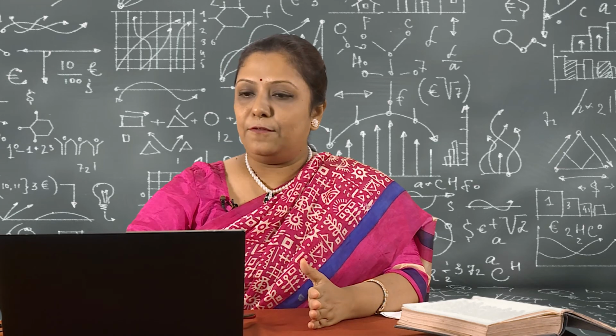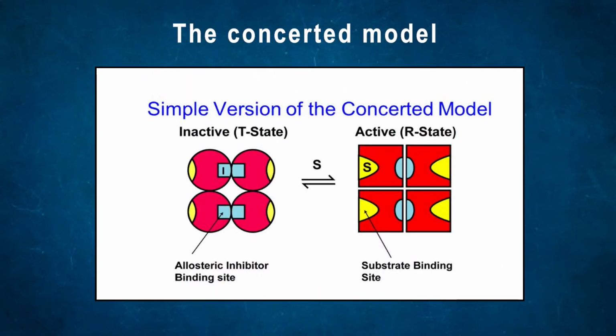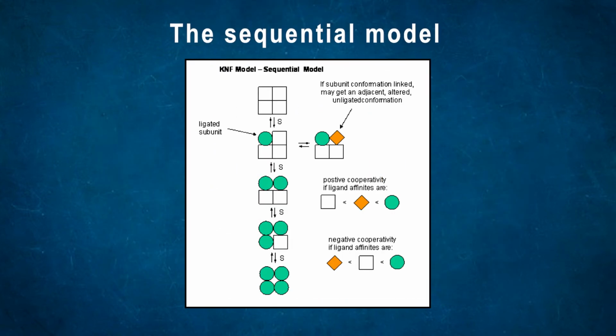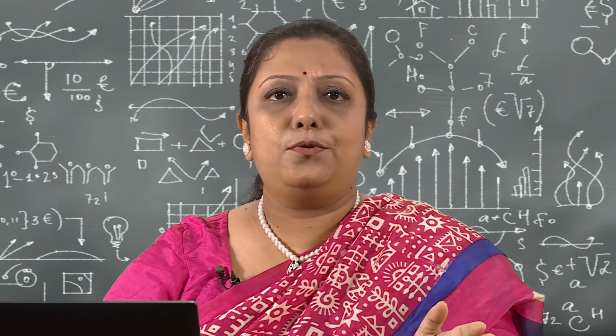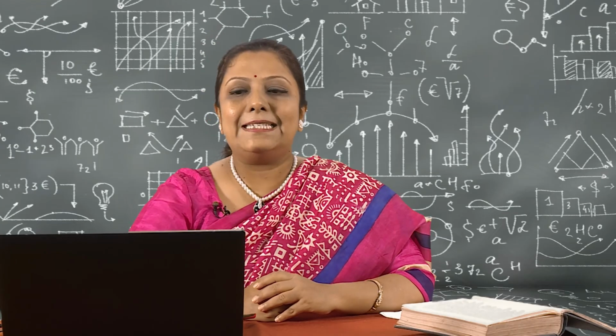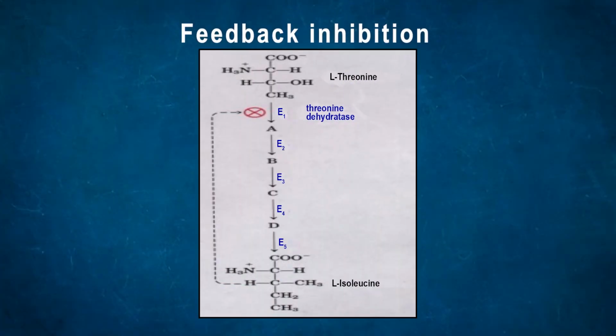So in the concerted model, by binding to the first substrate or modulator, all the subunits change together. But in the sequential model, there are intermediate transitional conformational changes. Sequentially they change from either high to low affinity or low to high affinity. Allosteric enzymes in metabolism can control metabolic activity, as we can find in the case of feedback inhibition.